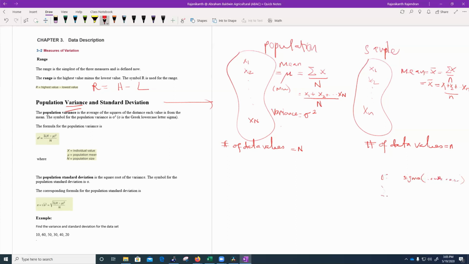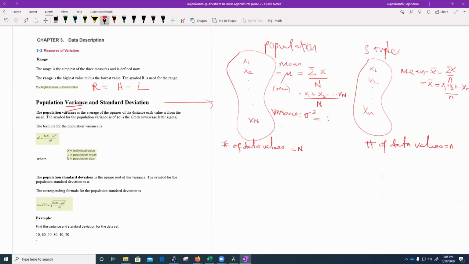Remember last time we had the summation also sigma. We used that notation for the uppercase. No confusion: uppercase sigma for the summation, lowercase sigma for this. We use this for the square, sorry, the population variance. The population variance sigma squared is given by what?